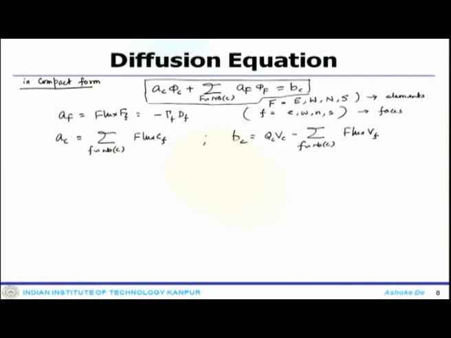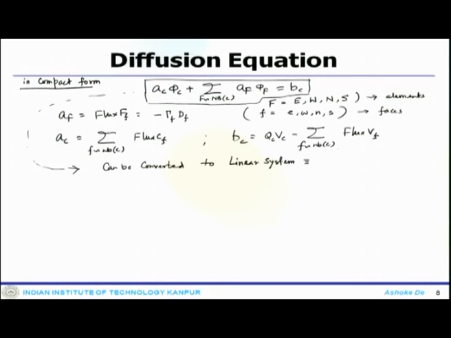Now, once you obtain this, you actually get the algebraic system, like this kind of system. These are the algebraic systems which can now be converted to a linear system.